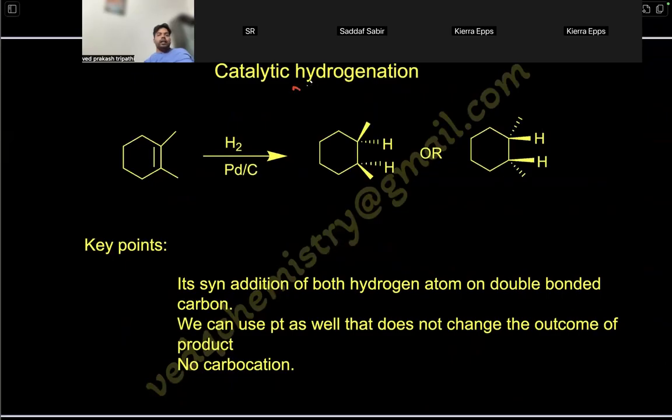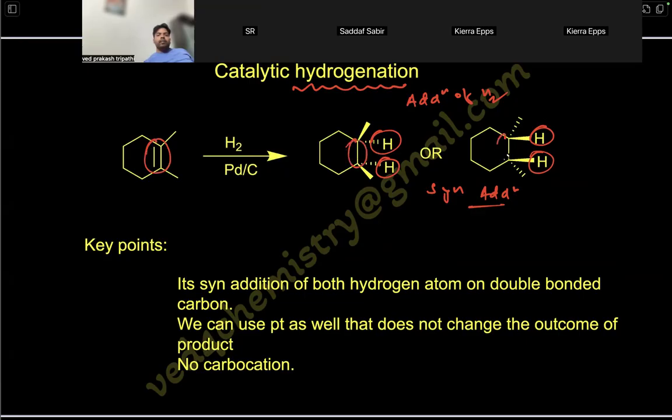Next, catalytic hydrogenation. Hydrogenation means addition of hydrogen, and it is syn addition. Syn means both the hydrogens should be on the same side, dash dash or wedge wedge. So the double bond is reduced into a single bond overall. For example, suppose we have this alkene, and the alkene is treated with H2/Pd.